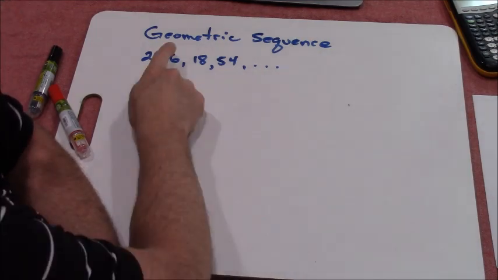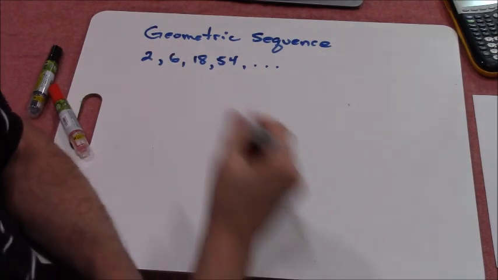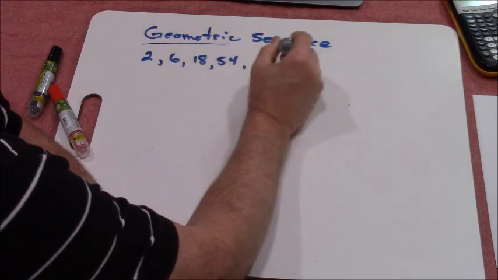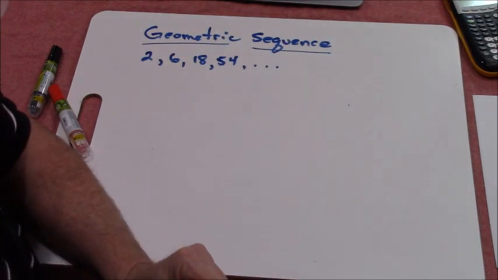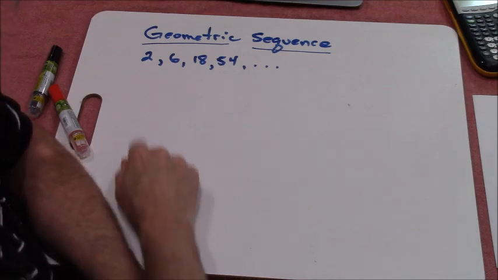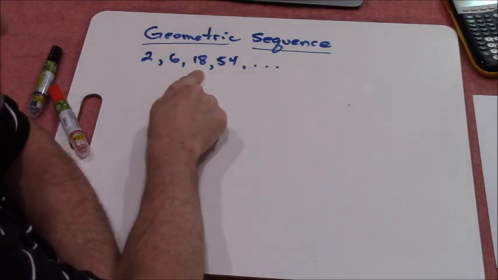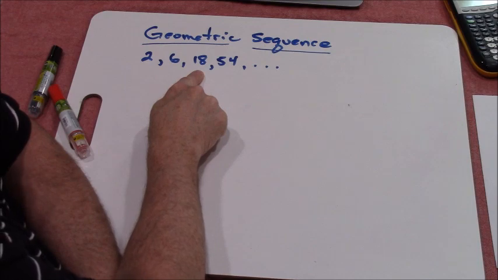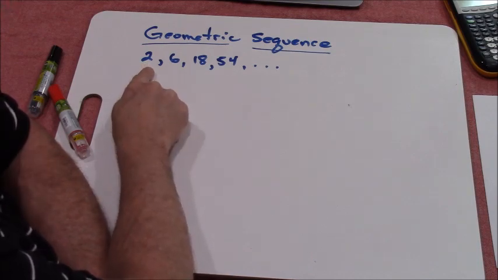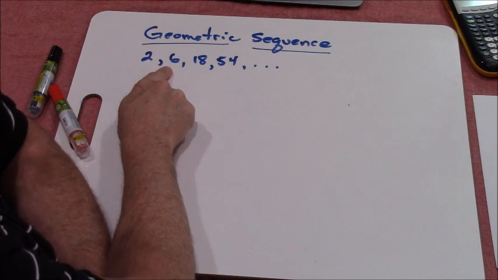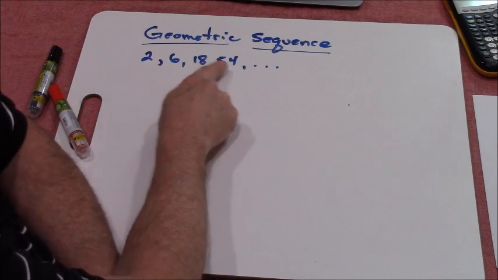All right, so for today, what we want to do is look at geometric sequences. They're a little bit different than the arithmetic sequence. If you notice, I'm not adding the same number each time. But if you look closely, you could see that what's really happening is we're multiplying by 3 to get to the next term.